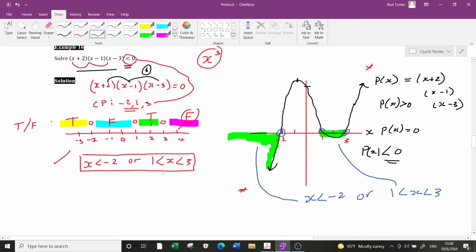This test point method is better when we learn more inequalities later on, because some graphs, for example, graphs of rational functions, are quite difficult to draw, and we'll be using this method, and also for absolute value inequalities as well. So I recommend to use this test point method here, using the critical points. But graphing you can use for polynomials.